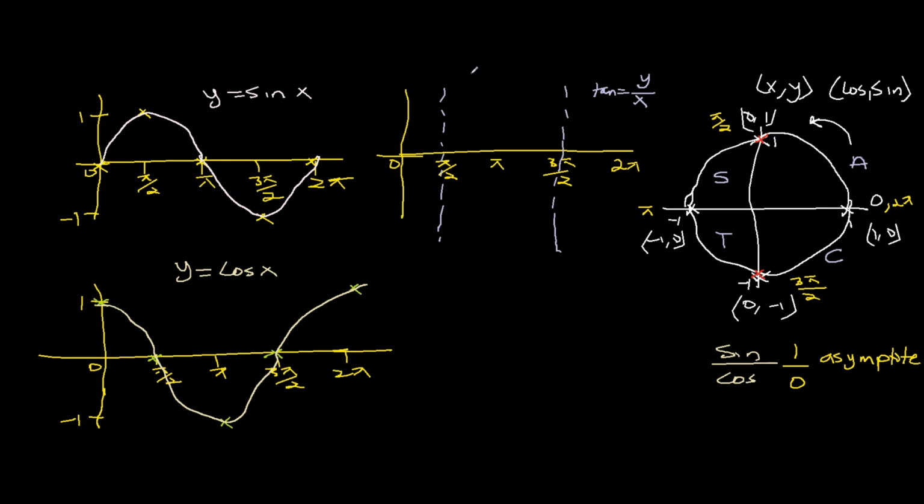So let's use this one right here. So it's going to start from 0, and you can see that because notice here that your values of sine continue to increase, but your values of cosine continue to decrease. So you're going to have something that looks like this at that point.